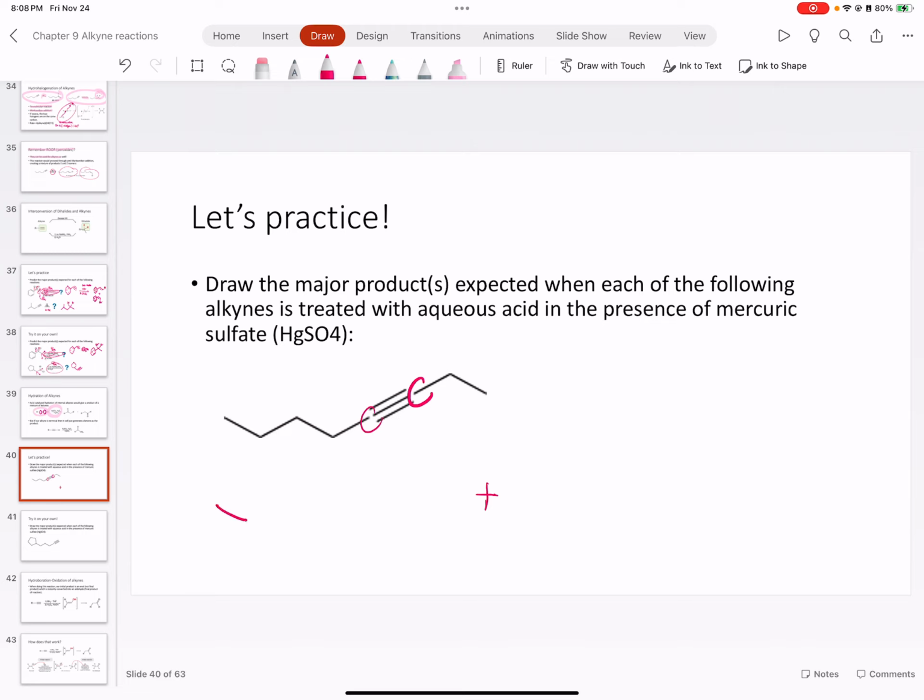So then here I have 1, 2, 3, 4, 5, and 1, 2, 3, 4, 5, 6, 7, 8. And then I'll get 1, 2, 3.